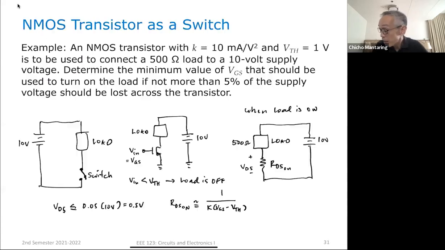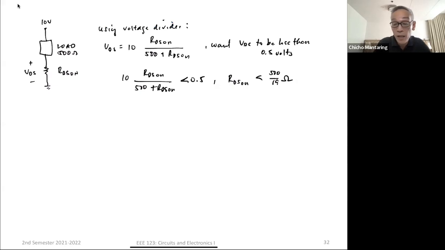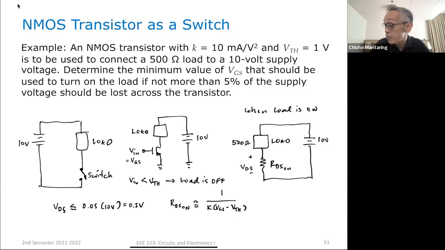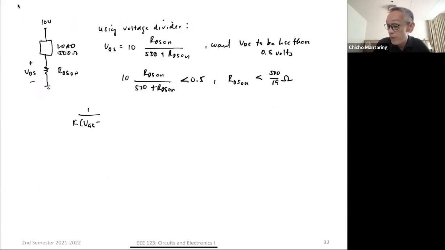But what is RDS on? RDS on is approximately equal to this, right? So actually 1 over K (VGS minus VTH), where VTH is 1 volt. That's RDS on, which should be less than 500 over 19.